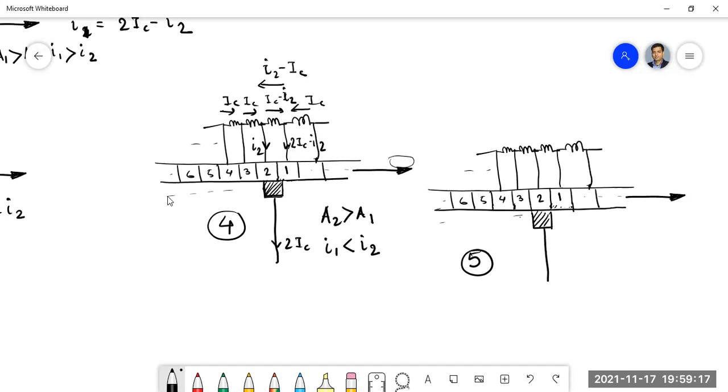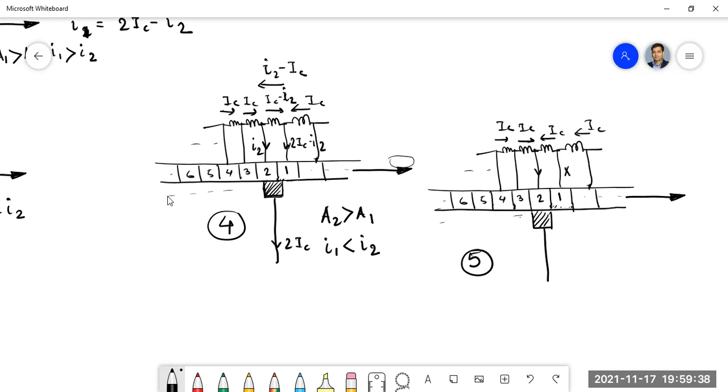Okay, understood. Now here in the fifth instant, everywhere there will be IC. Here also IC. In this branch there will be no current.